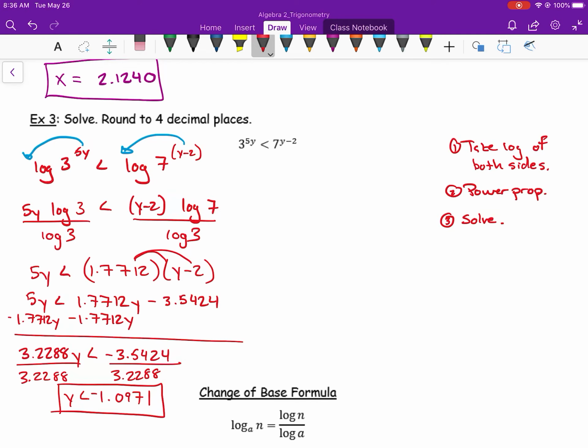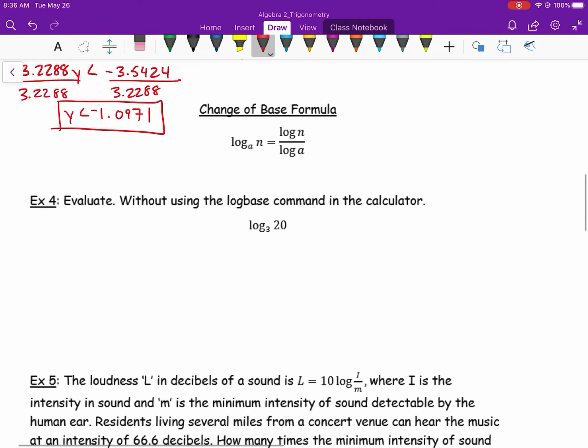Our next part is the change of base formula. You used to use this before calculators had software in them. You can just plug the base in like this. If we have log base a of n, you make it log n divided by log a. That's how you would solve these if you have a calculator that doesn't have those capabilities. Most of us right now have phones, so let me check my phone.